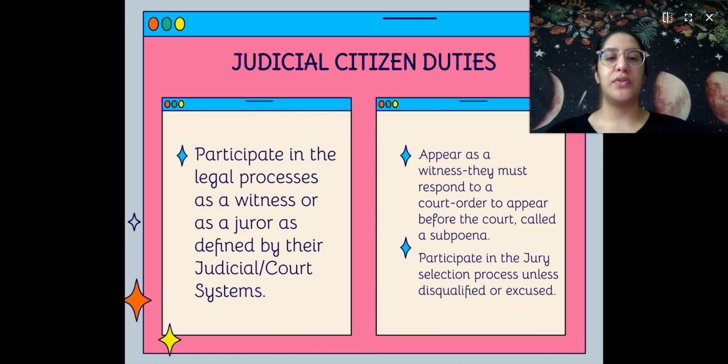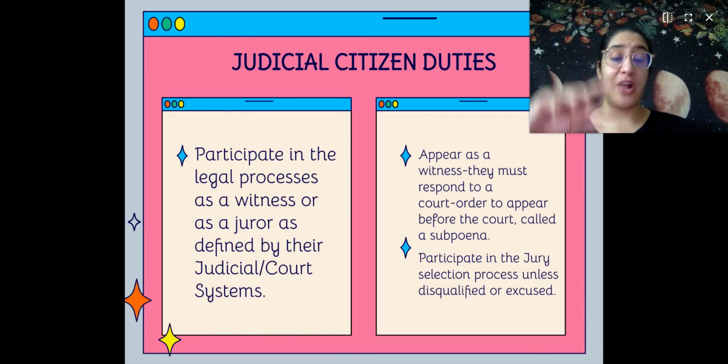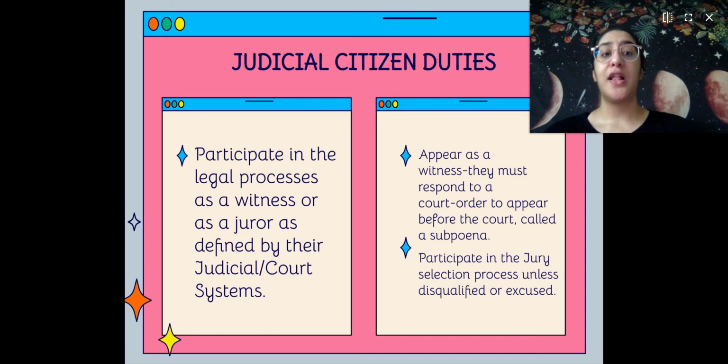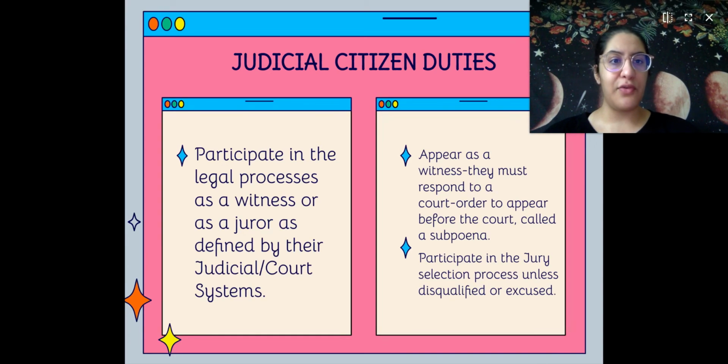And you also have to participate in a jury selection process, which, unless you're disqualified or excused, is basically that you are giving that fair trial that we just talked about to someone else, listening to those facts, looking at the evidence, and deciding what the outcome should be.